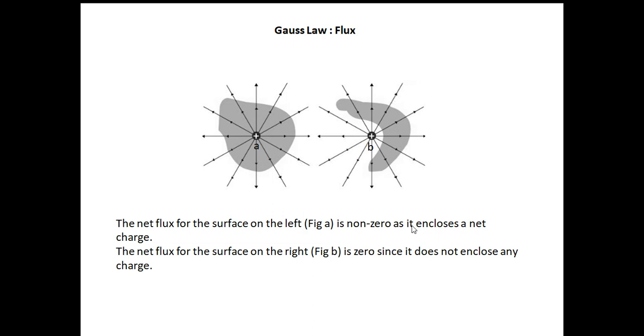As opposed to this, if you see this area, then this is a charge, but it is not enclosed by the boundary or the surface. It is an open surface. Therefore, the flux through this will be 0. This is not applicable; we can't consider these types of surfaces. We have to consider only these surfaces.